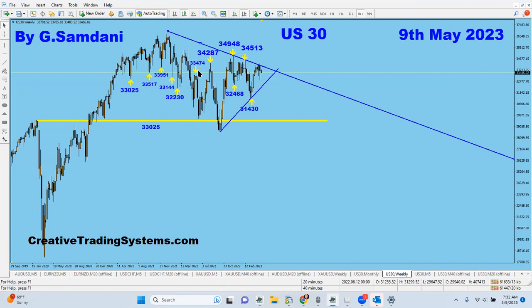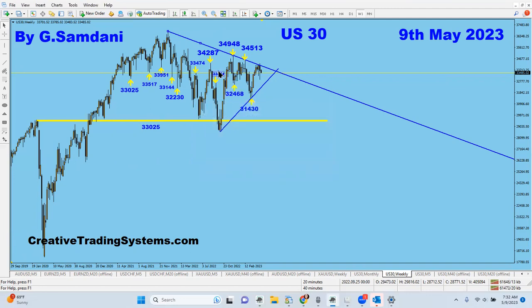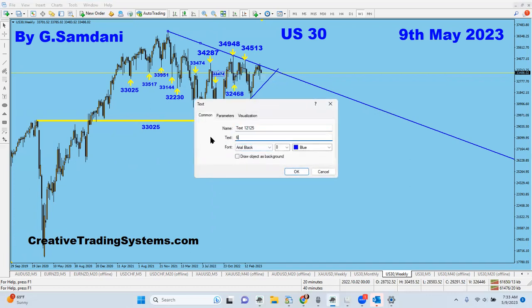There is another level here, which you can see later on. Well, let me just mark it here quickly. This is the high of 32,670. Okay, so not enough space there, but let me try. I'm going to make it even smaller, so it will fit there. I'll make it a little bit bigger so that we can see.